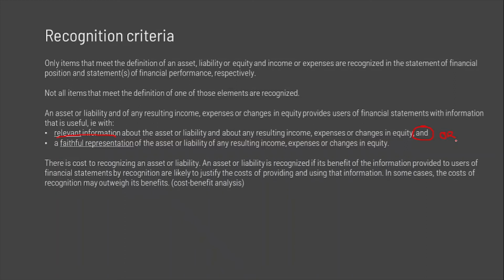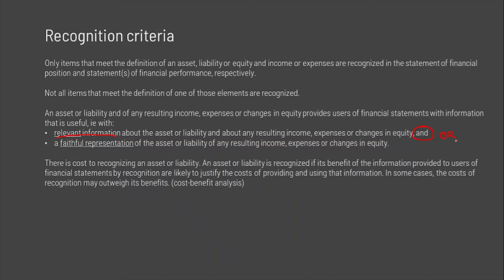Thus, an entity should consider the cost constraint or the cost-benefit principle when making recognition decisions, such that the usefulness of the information justifies its cost. It is not possible, however, to establish a uniform threshold for determining an optimum balance between cost and benefits. This would depend on judgment and the facts and circumstances.